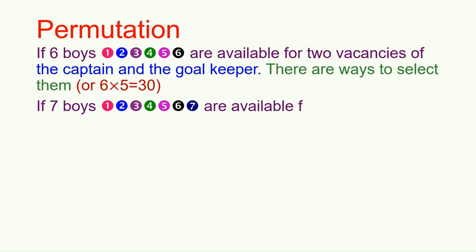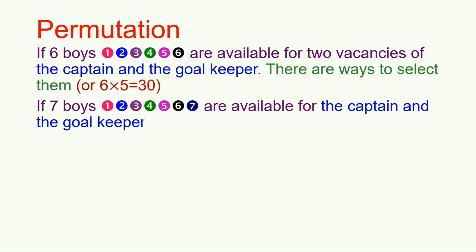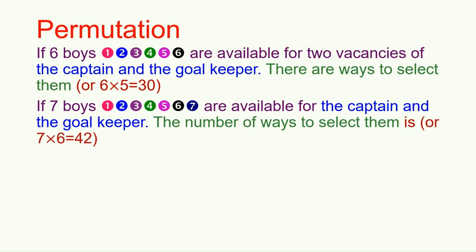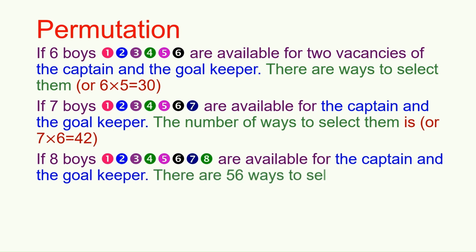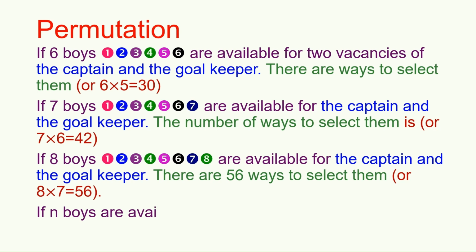If 7 boys numbered 1 to 7 are available, there are 42 ways, or 7 times 6 is equal to 42. If 8 boys are available, there are 56 ways, or 8 times 7 is equal to 56.